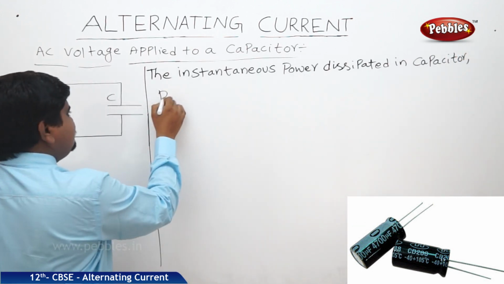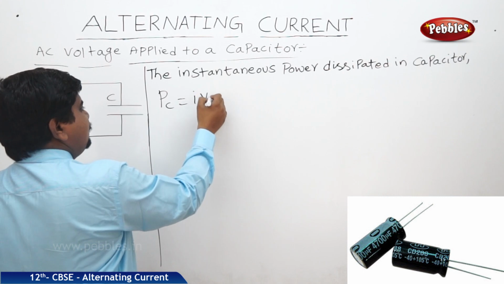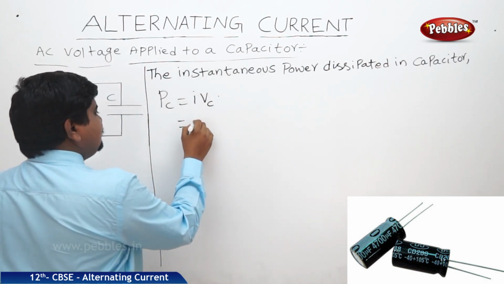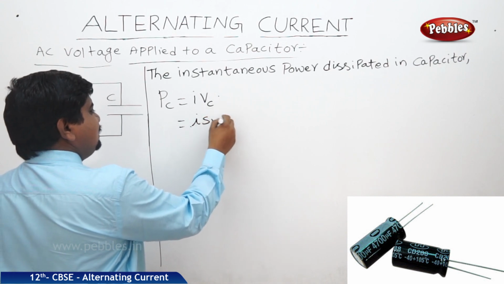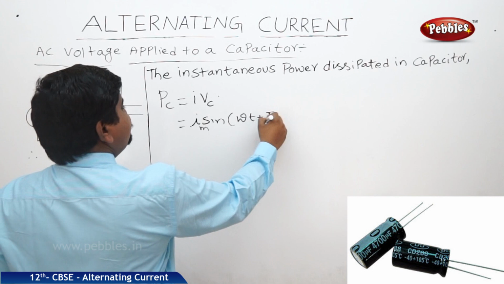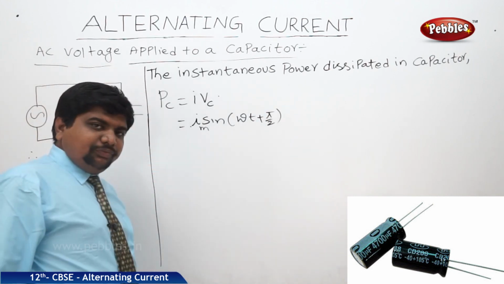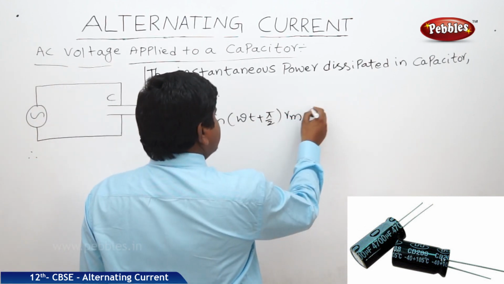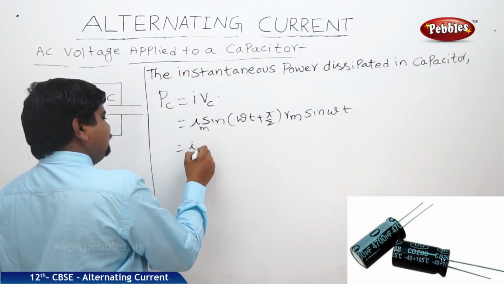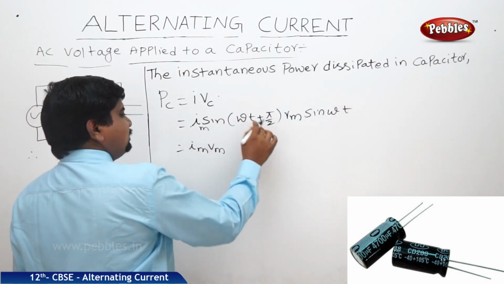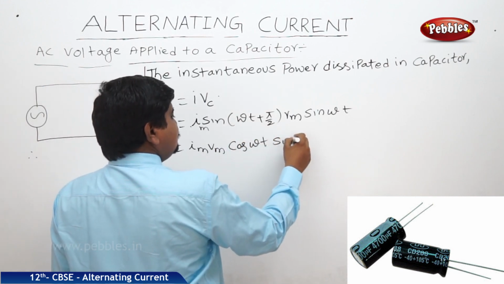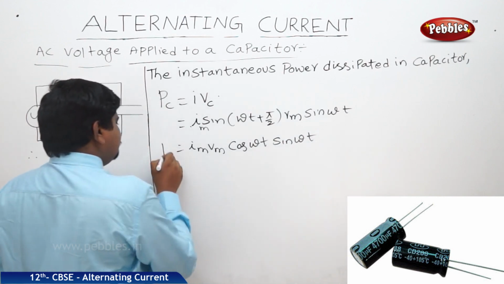We can write PC is equal to I VC. What is I? Im sin omega t plus pi by 2. VC is nothing but Vm sin omega t. Therefore, we can write Im Vm, sin omega t plus pi by 2 is cos omega t, into sin omega t is equal to PC.